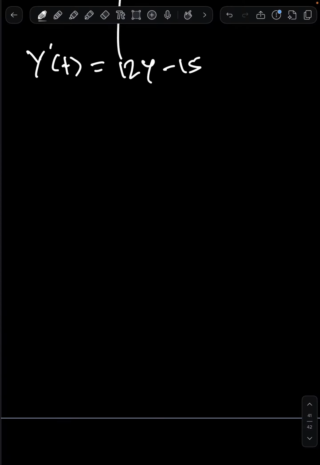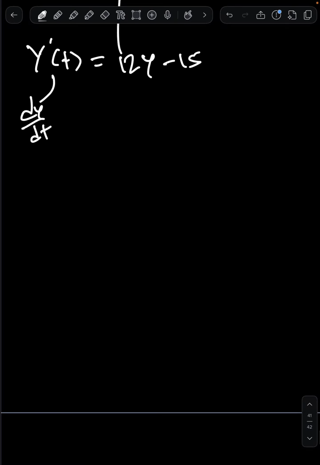So let's rewrite this. Remember, this is just dy over dt, which tells me that this is the first derivative of the function. We know that setting the first derivative equal to 0 will give us where the slope is 0. So 12y minus 15 is equal to 0.